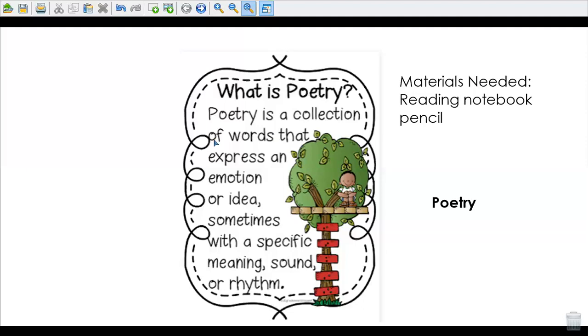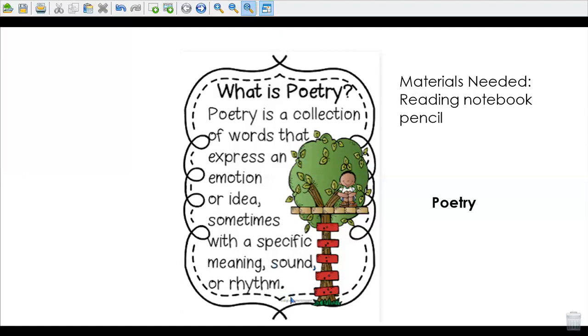And they have their emotions that they want to express, so that's how you feel, or their ideas, like we do. And sometimes they have a specific meaning, like they're writing only about a dog, or they're only writing about a cat. And they have a certain sound or a tone. So, how does this poem make you feel? Does it make you feel happy? Does it make you feel sad? Does it sound like something you would say to your mom and dad? And then rhythm.